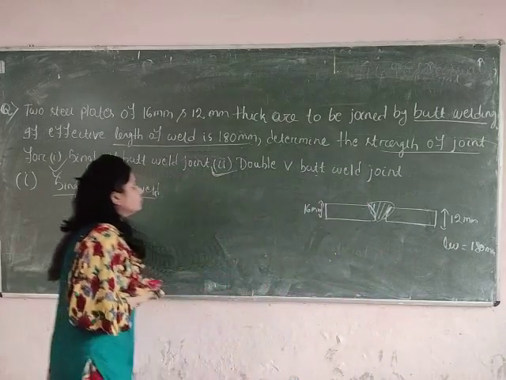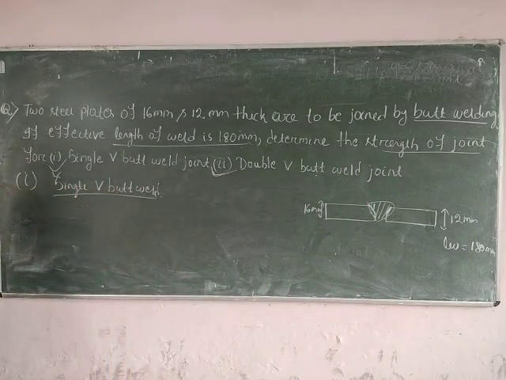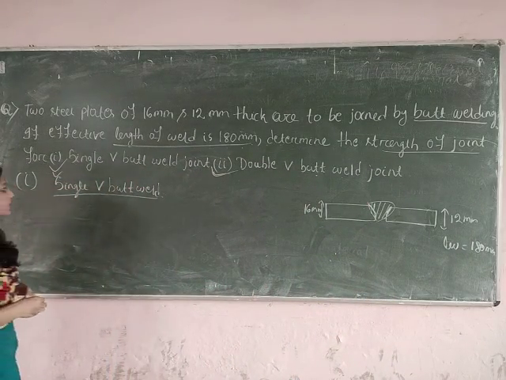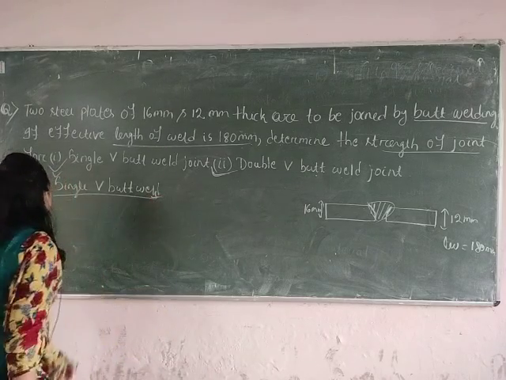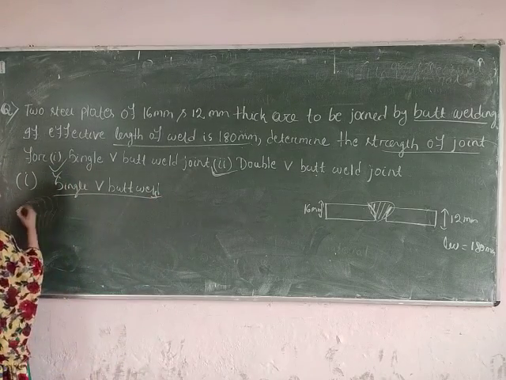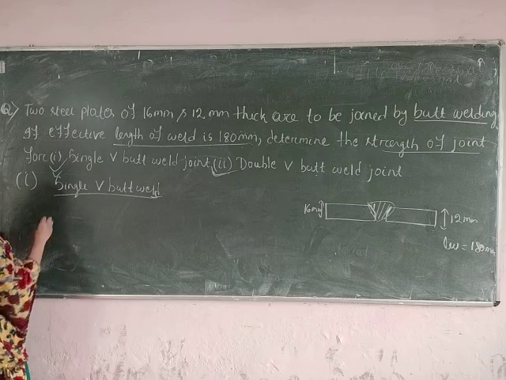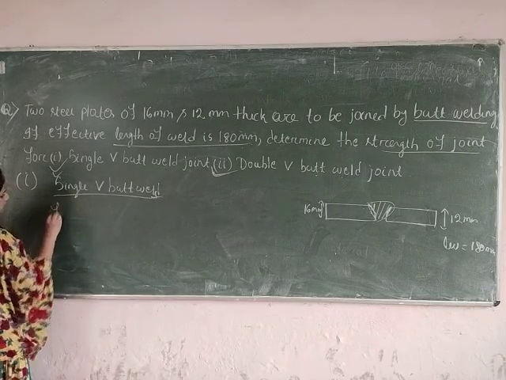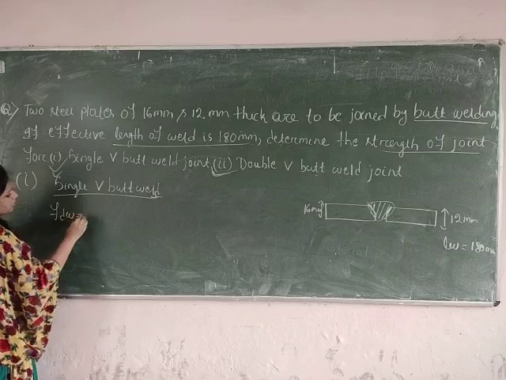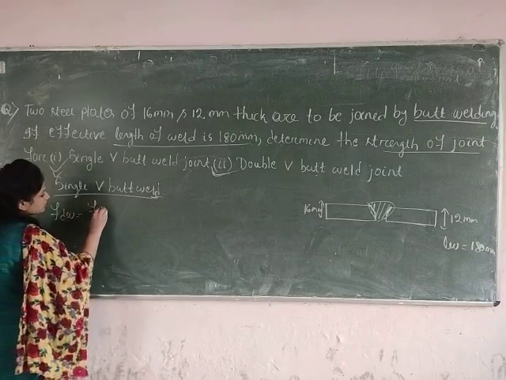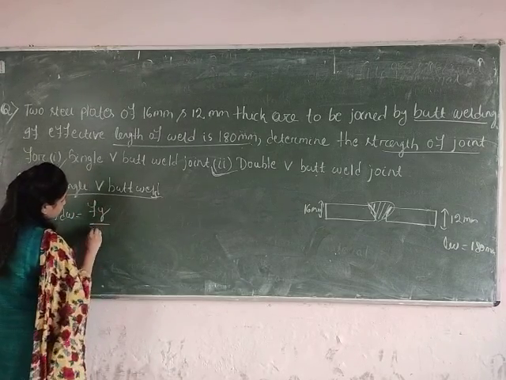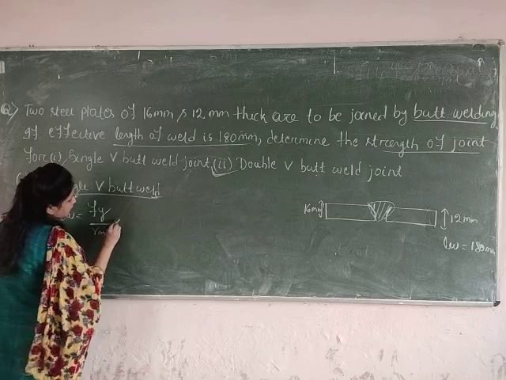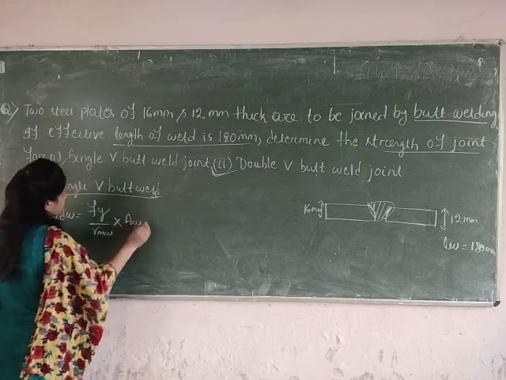So let us first calculate the strength of joint for single V butt weld. The design strength of single V butt welded joint can be calculated by the formula: yield stress divided by gamma mw into area of weld.